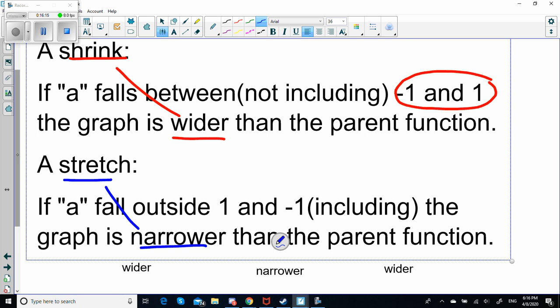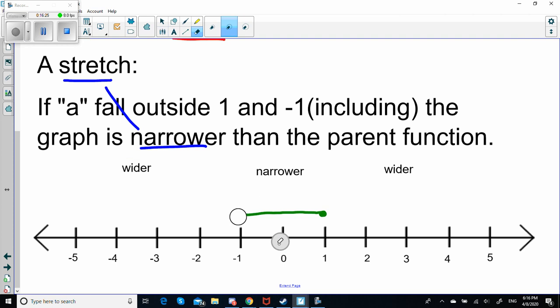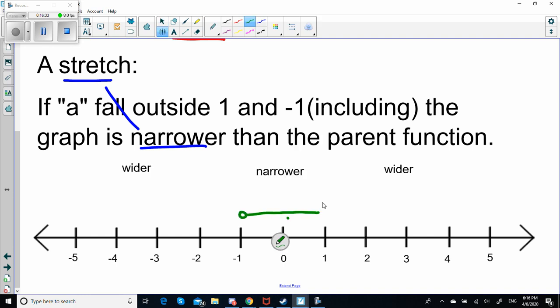So I have a little graphic here for you. Oh, I erased it. So between -1 and 1, not including, so those should really be open. Let me open those instead of closing them. So an open circle here, and an open circle here. Narrower.